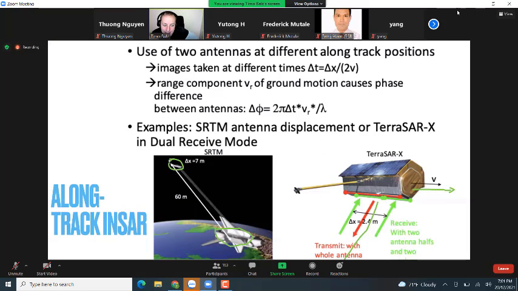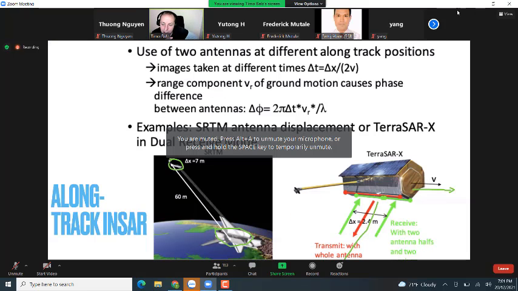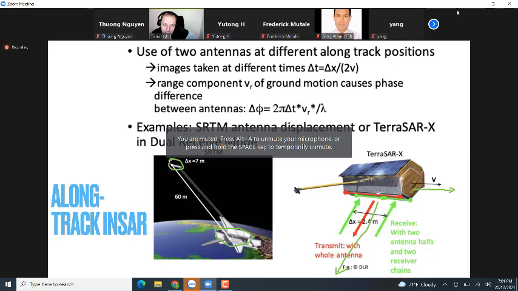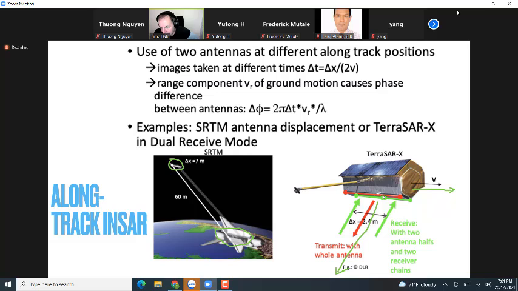Centimeter, some millimeter during that short time. Okay. Or the other one is along-track interferometry, by separating the antenna. So if you separate, the whole antenna is transmitting, but you separate the reception into the first half of the antenna and the second half of the antenna.